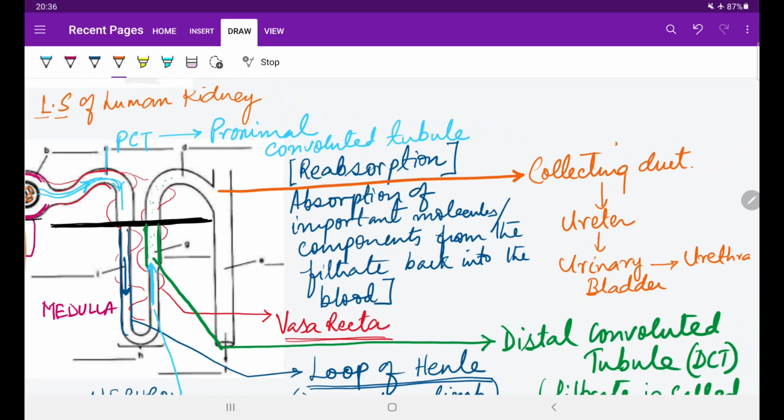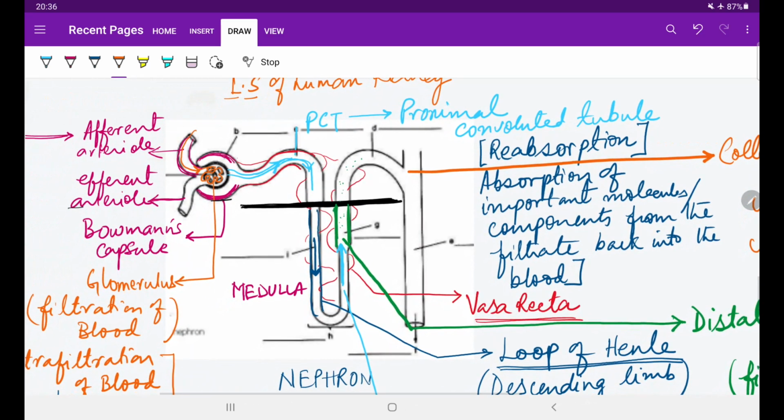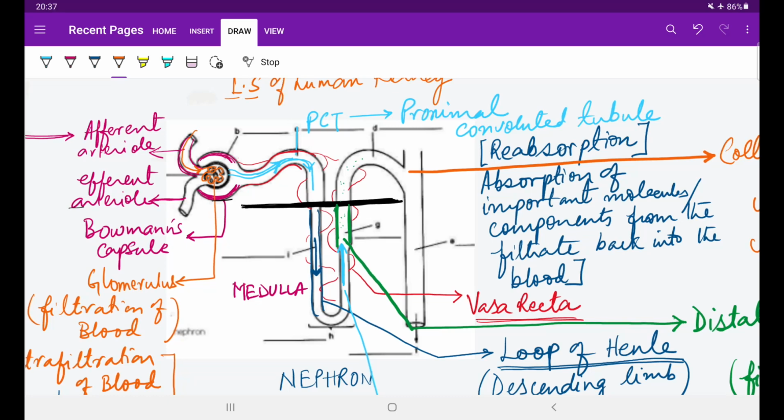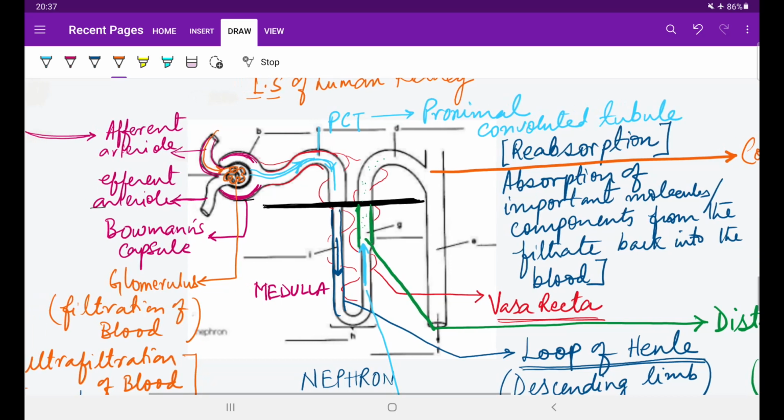In this manner we have seen how a nephron purifies the blood and forms urine. The two major steps included in the formation of urine are the ultrafiltration of the blood and the reabsorption.